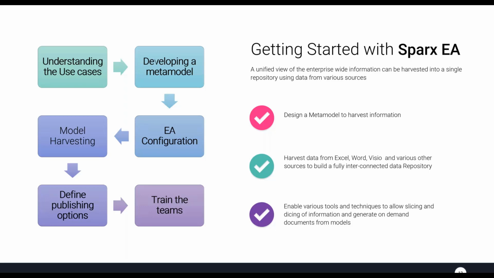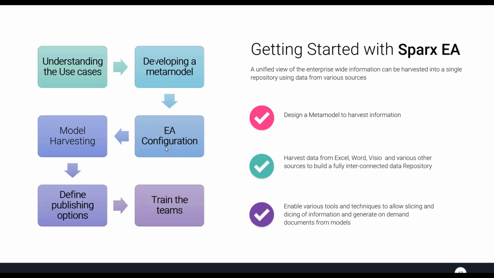We are going to stick to Archimate. We are not going to invent anything from scratch. But we identify the use cases and define a meta model based on Archimate that confines to these use cases. And then we need to do some EA configuration like MDGs and profiles and validations and governance and rules to make sure the users are guided to do what we have agreed in the meta model.